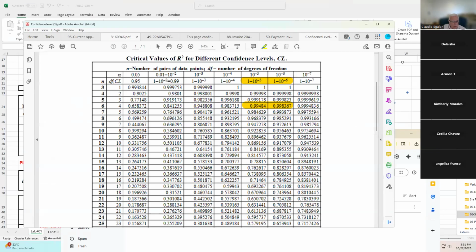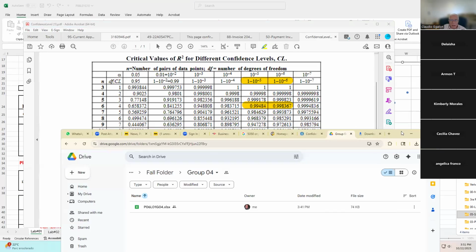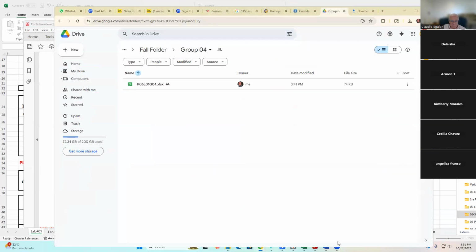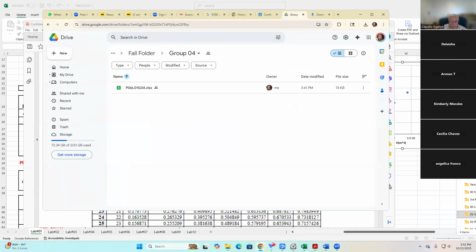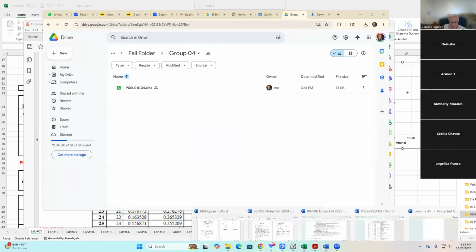At least we do the lecture. Let me decrease this window here. It's getting in the way of my stuff.